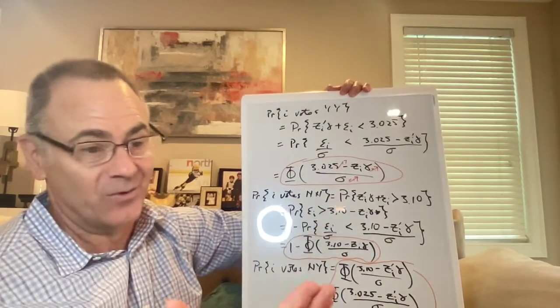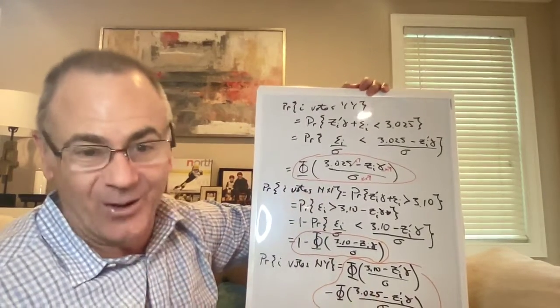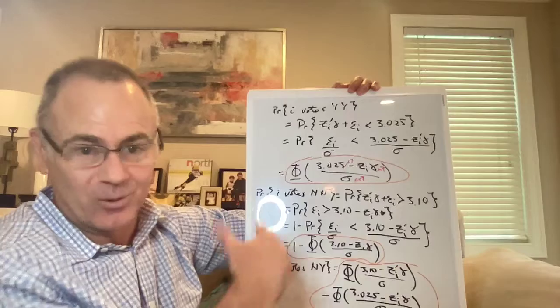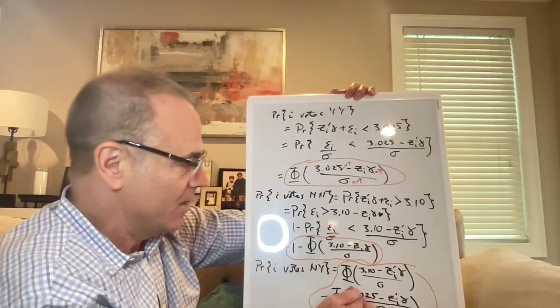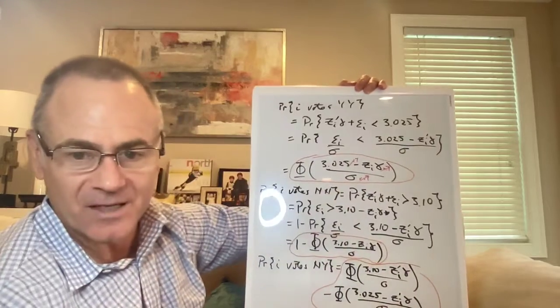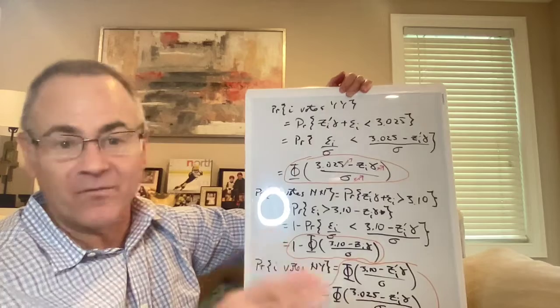How do Krehbiel and Rivers know them? They did a special trick. They read the bill. They read the actual amendments, and that's where they got 3.025, 3.1, and those two numbers. Because of that, we don't face the same problem that we do with the probit, and so we don't have to worry.